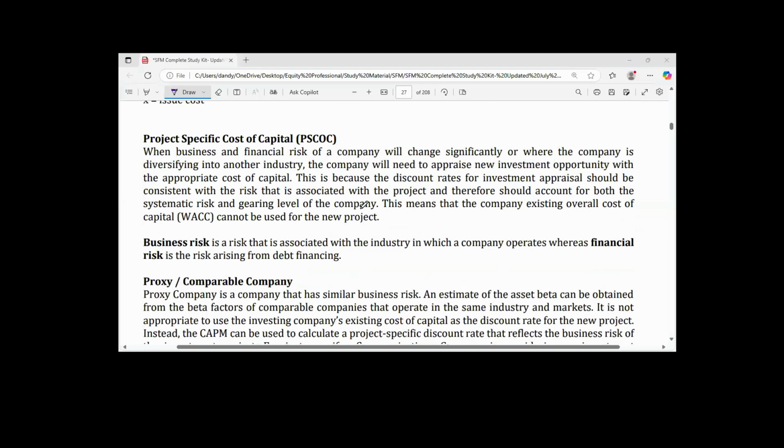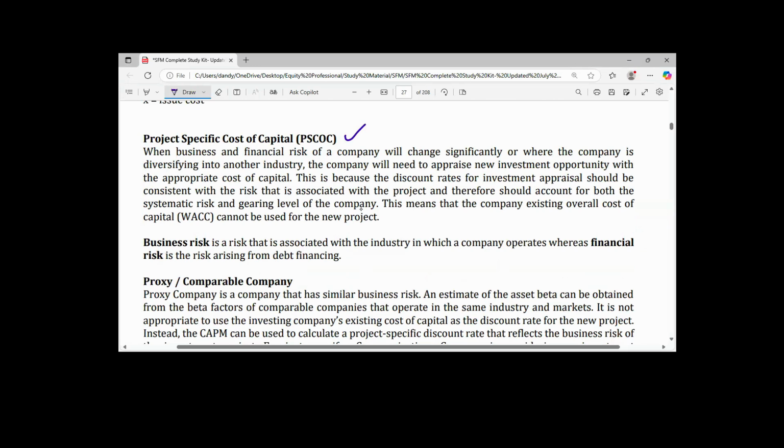Okay, so let me explain what project-specific cost of capital is all about. The project-specific cost of capital is computed when a company is diversifying or the debt-equity proportion is expected to change as a result of undertaking a project.